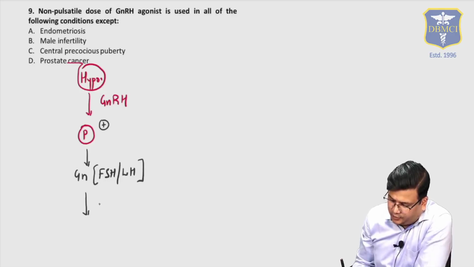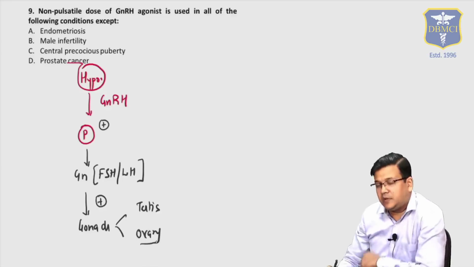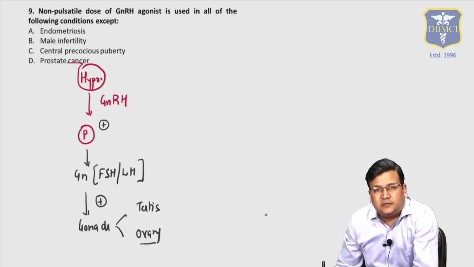These gonadotropins will stimulate the gonads, that is testis in males and ovary in females. So this is the axis. Gonadotropin releasing hormone causes release of gonadotropins, and gonadotropins stimulate gonads.